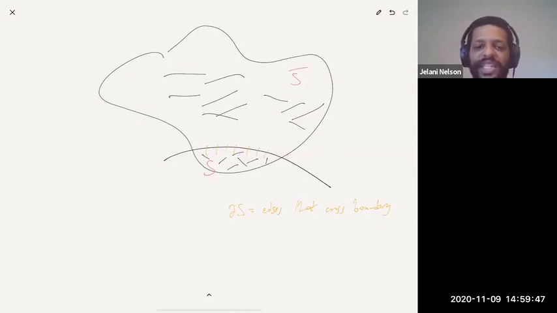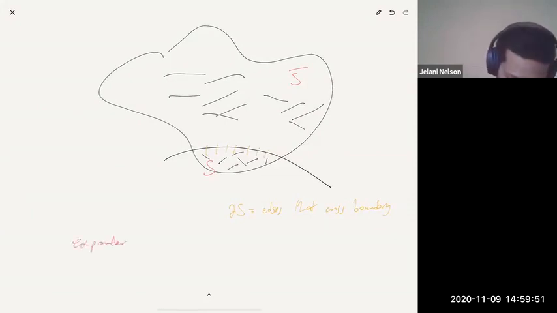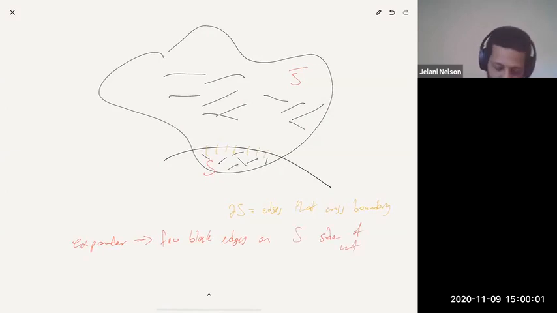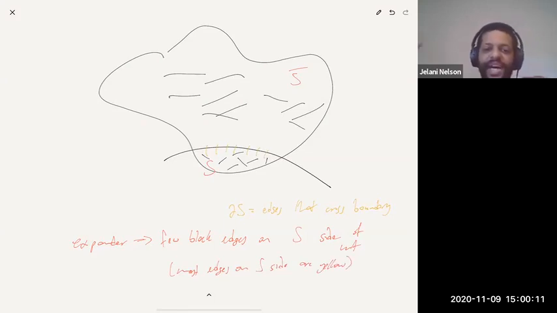To be an expander means that there are few black edges on the S side of the cut. Most edges on the S side are yellow. It means most of the edges actually leave S. They don't stay inside S.